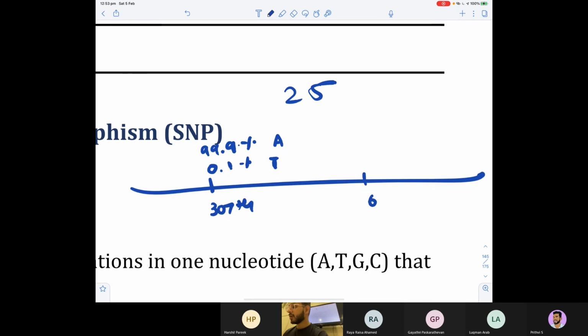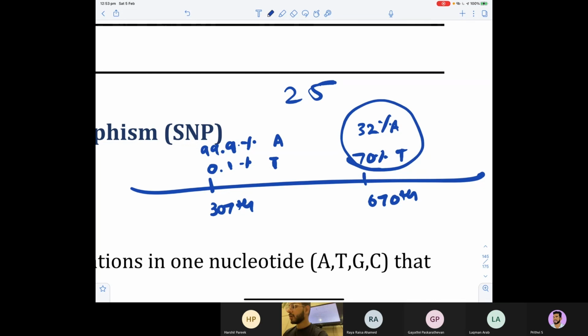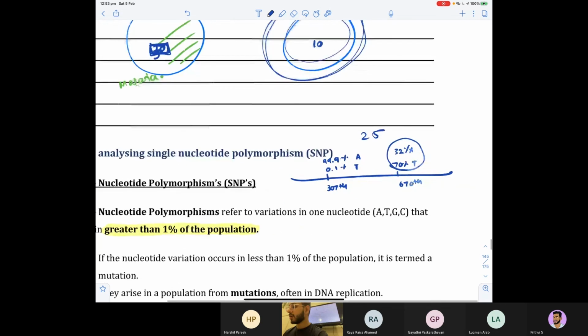But if I go to the 670th base variation and I see 32% have an A and 70% have a T, well, that's a significant variation. There's pretty much a binary in this population. We should study this. We should call this a SNP. The definition of a SNP also depends on proportions.